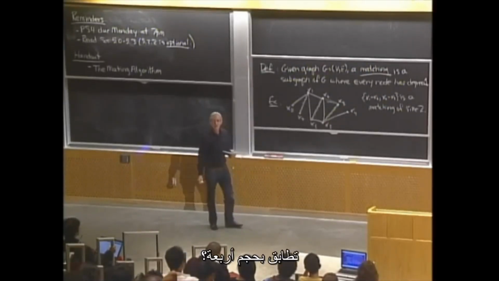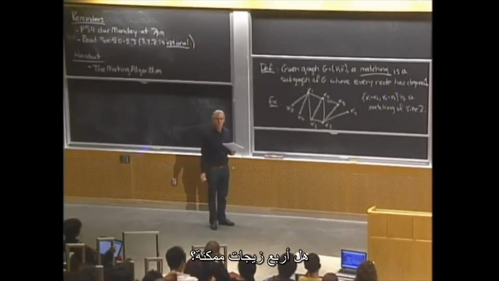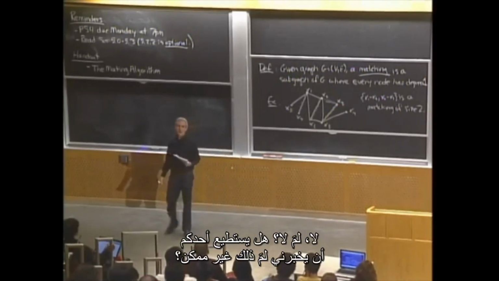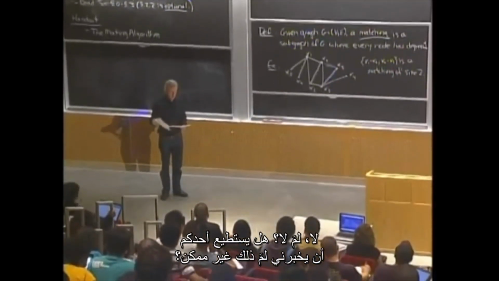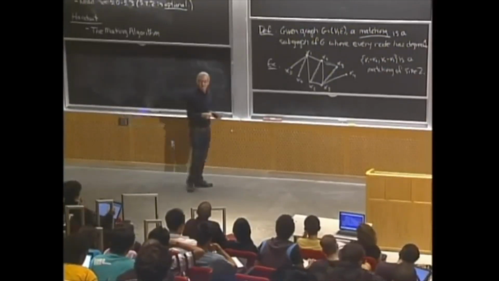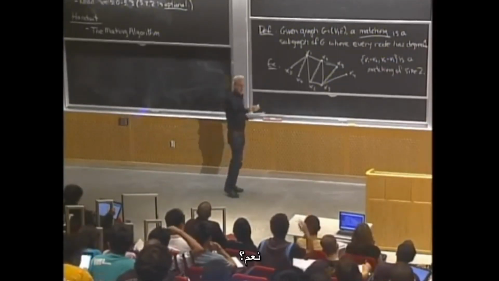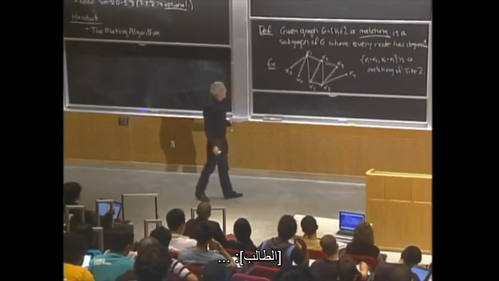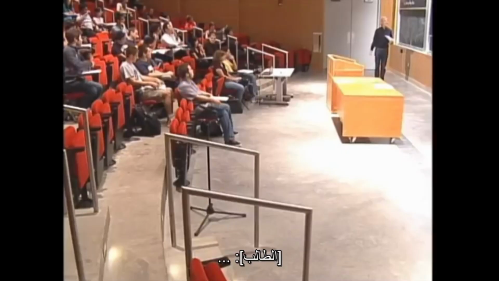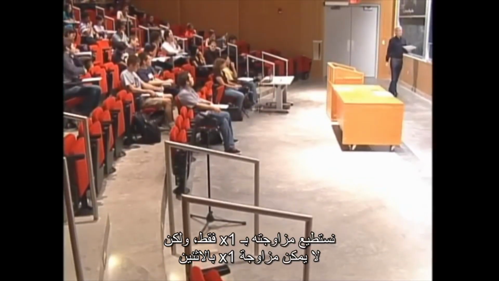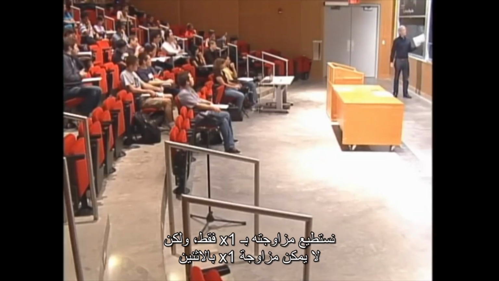One with size 4. 4 marriages here. No. All right, why not? Can anybody give me a reason why it can't be done? They can only be paired with x1, but x1 can't be paired with both. Good.